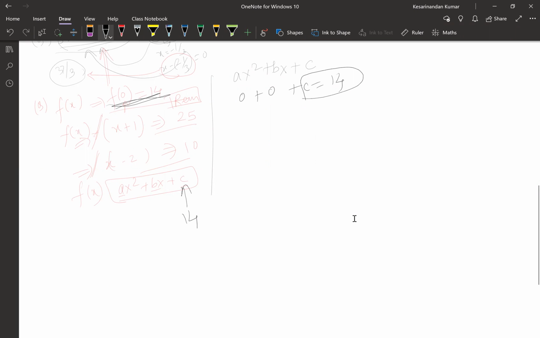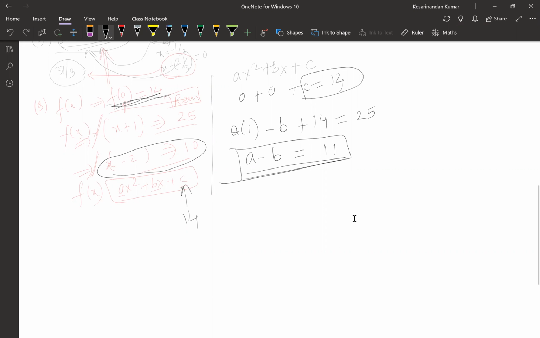Now, if I put x is minus 1, it comes out to be 25. So a into 1, because minus 1 whole square is 1, minus b plus 14, because I already know the value of c, is 25. If I let it go there, a minus b is equal to 11. I get one equation in a and b. I need to get one more, and I have one more piece of information.